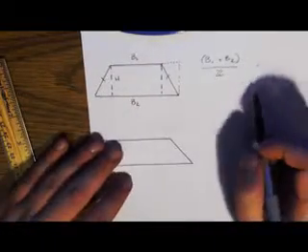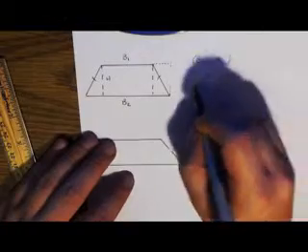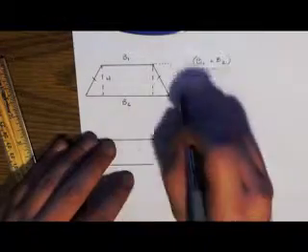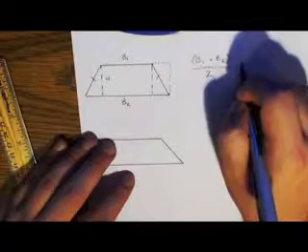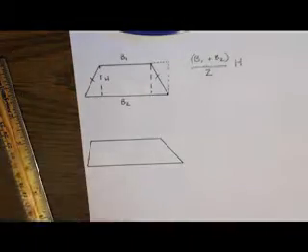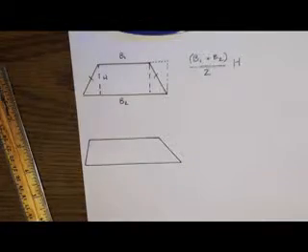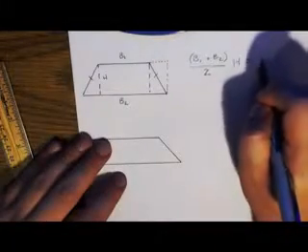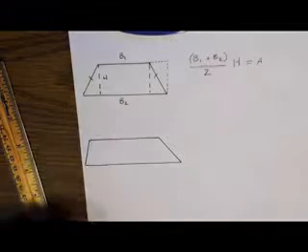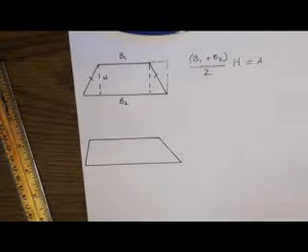It's somewhere between those two. In fact, it's the midway point between those two. So this is the equivalent base of this figure times the height. Notice this is very similar to what we had before. You have an equivalent base times your height, for the area of an isosceles trapezoid.